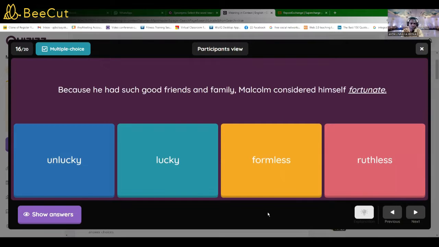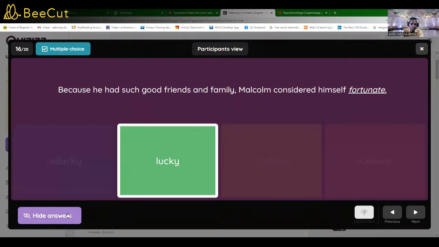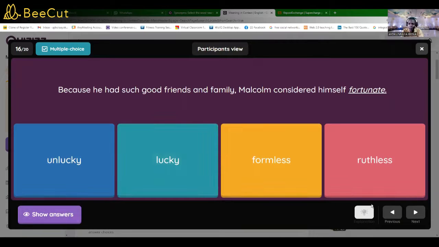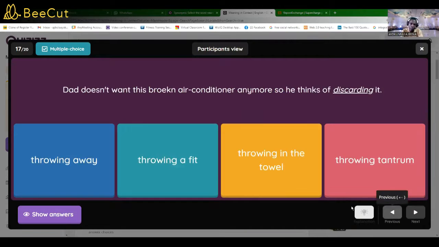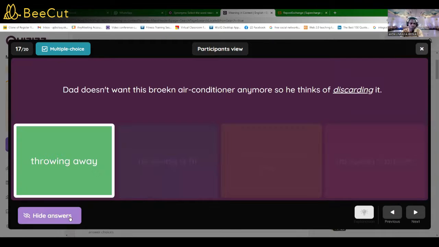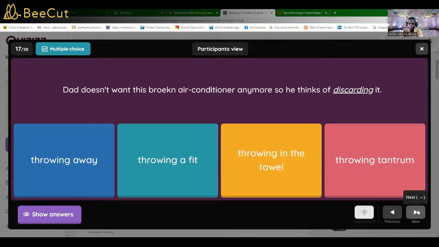Because he has such good friends and family, Malcolm considered himself fortunate. The word synonymous to fortunate here is lucky. That person doesn't want his broken air conditioner anymore, so he thinks of discarding it. Discarding simply means you want to throw it away.